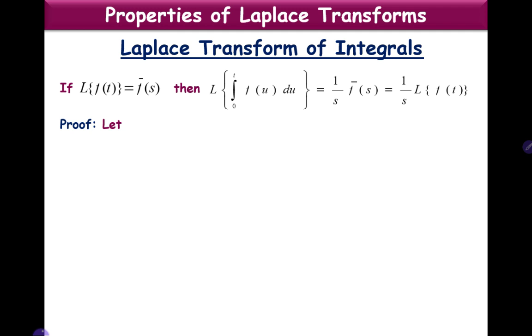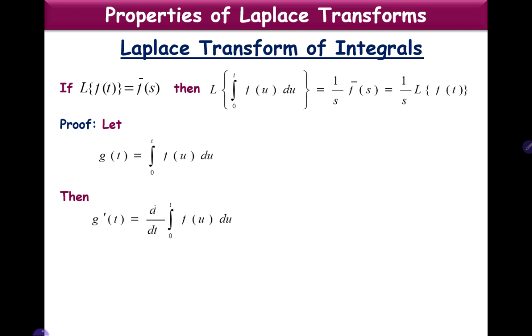So first we'll prove this. For that we take the integral 0 to t f of u du, for which we are supposed to find a Laplace transform. We take this function as g of t. G of t is equal to integral 0 to t f of u du.